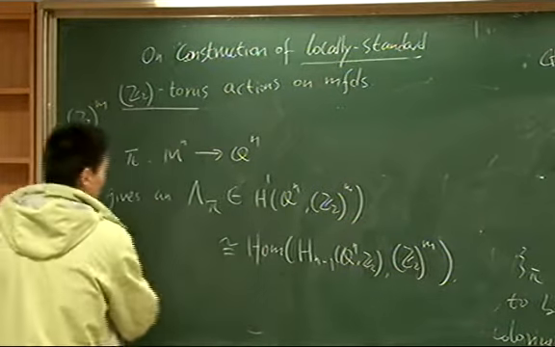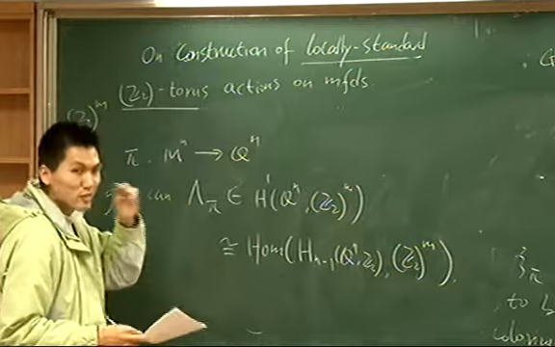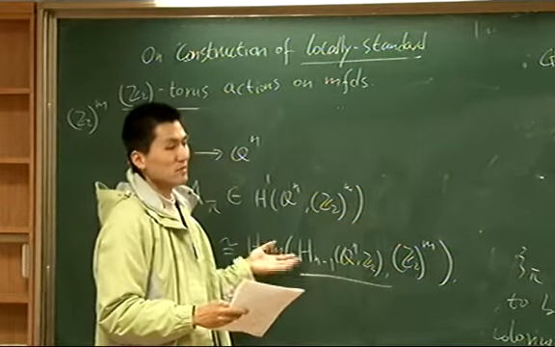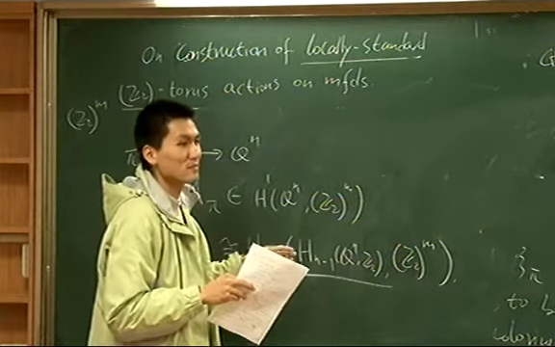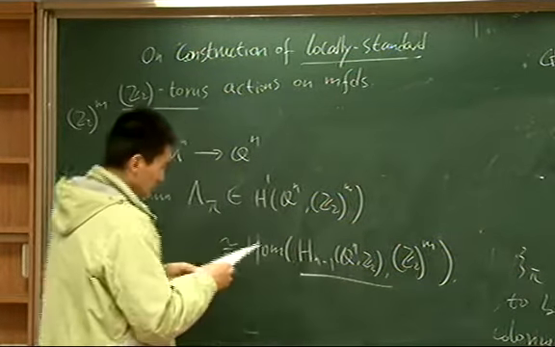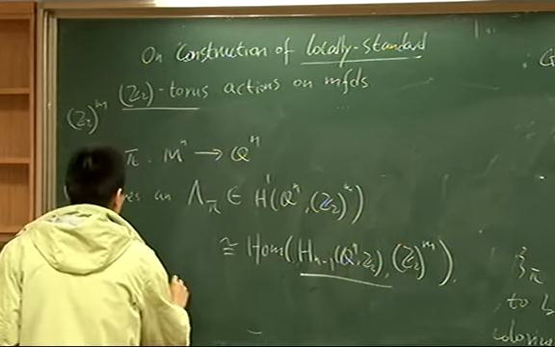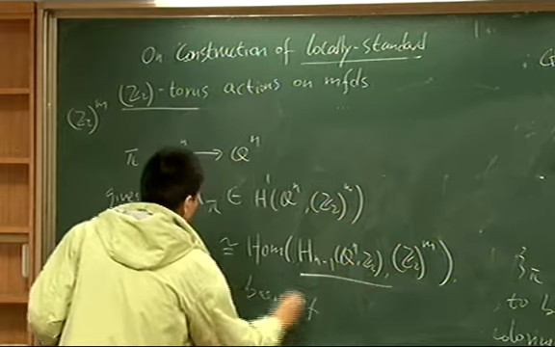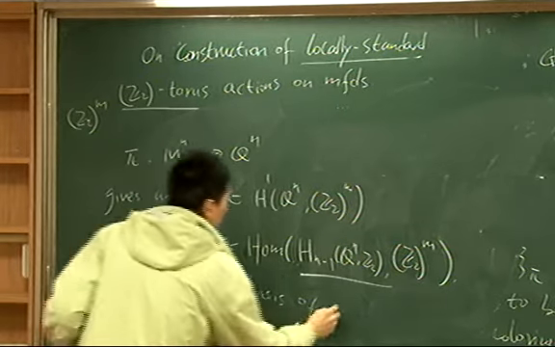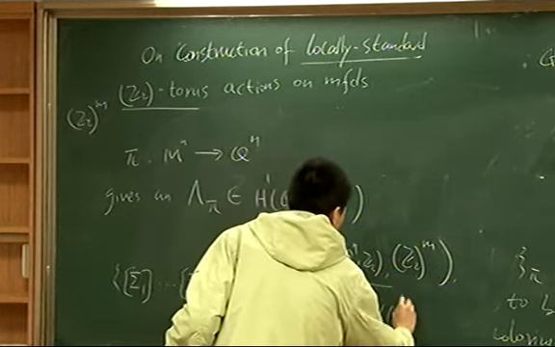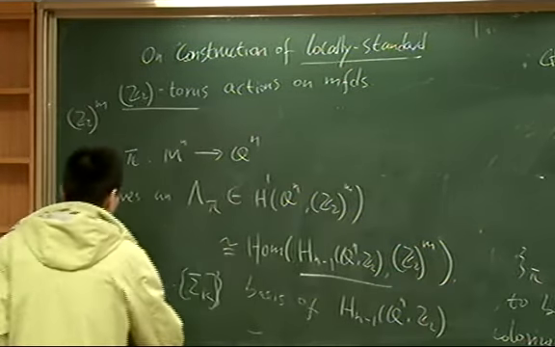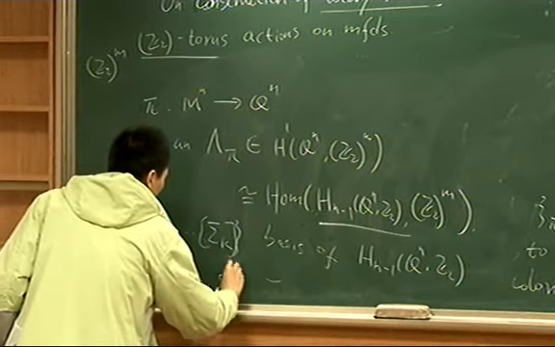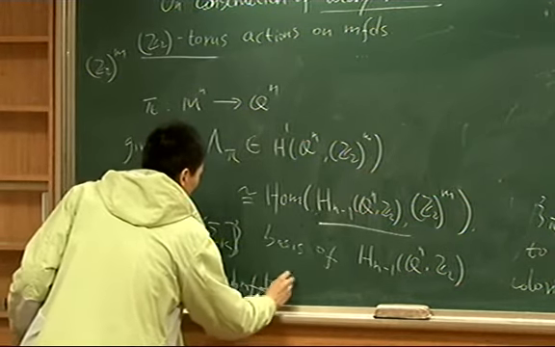Okay, and in differential topology we know that an element here can be represented by smooth embedded submanifolds of Qn. Suppose this is a basis of Hn-1(Qn, Z2), each of them an embedded submanifold in Qn.